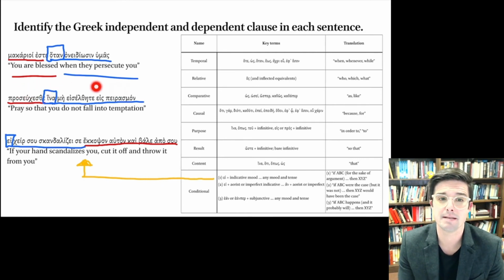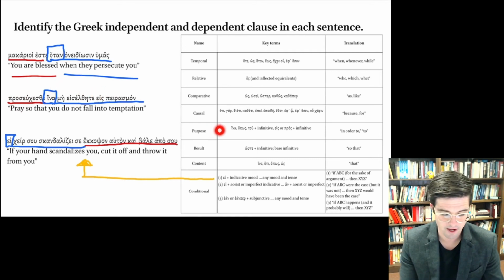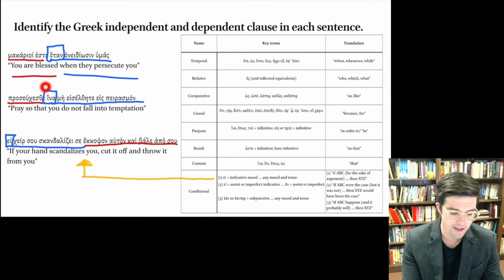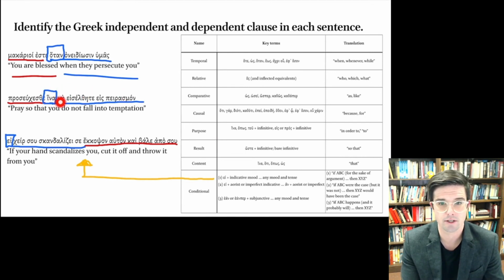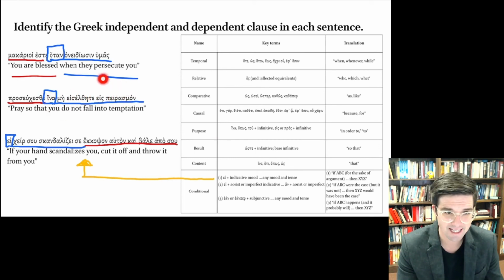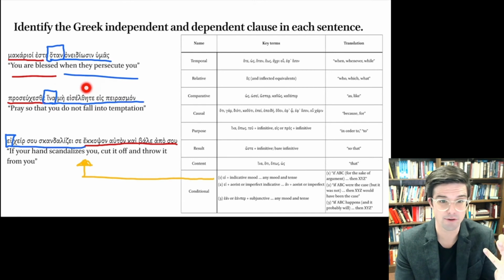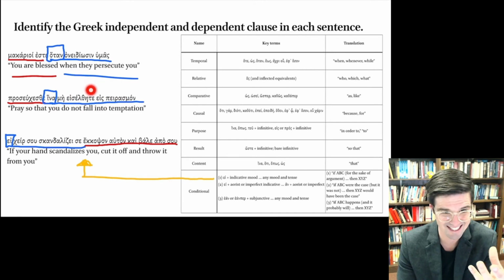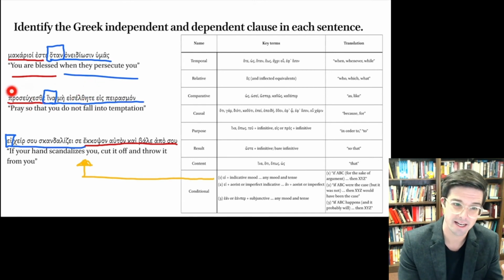And then the dependent clause coming after it, a purpose clause, with the purpose that you do not fall into temptation, so that you do not fall into temptation. So that cannot stand on its own, so that you don't fall into temptation isn't a sentence in itself. It needs something else. It needs this independent clause, proseuxeste.